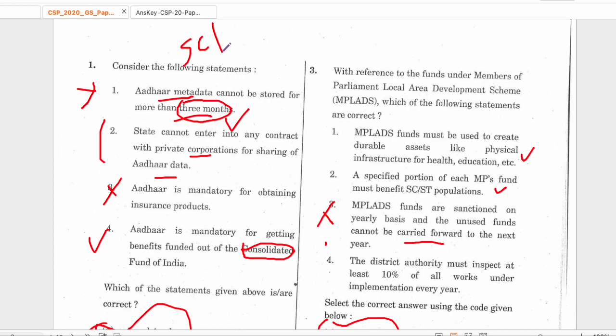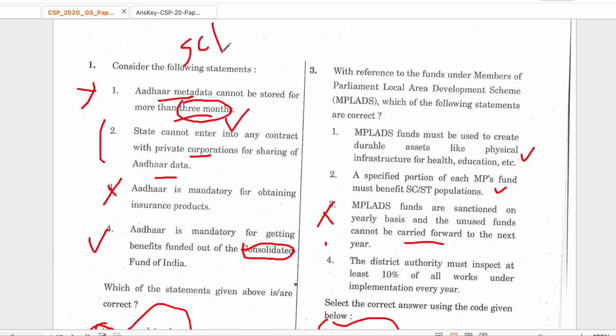And because of that, the fourth statement, Aadhaar is mandatory for getting benefits funded out of the Consolidated Fund of India. The major schemes and policies stemming from the Consolidated Fund of India require a strong legal and public duty on the part of the government.